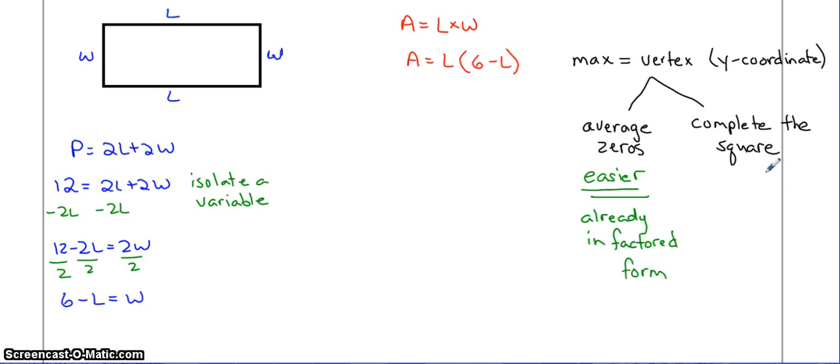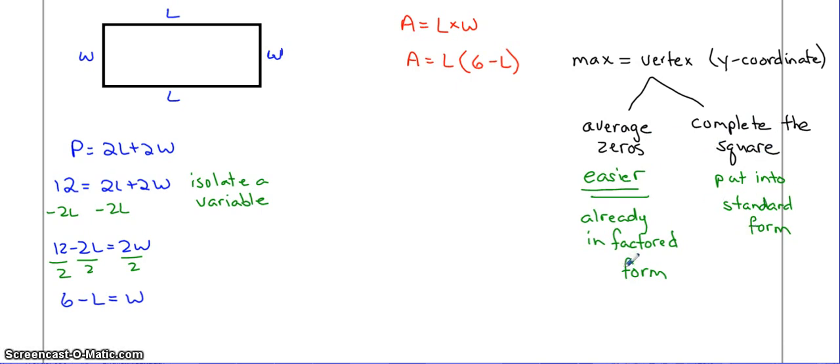If you wanted to complete the square, you'd have to put it into standard form first. So you'd have to use the distributive law to get 6L minus L squared, put it into standard form, and then use those 6 steps of completing the square which we did earlier on in the unit.